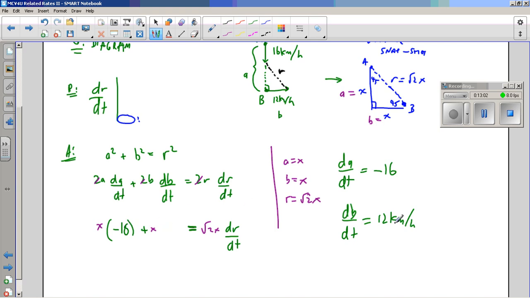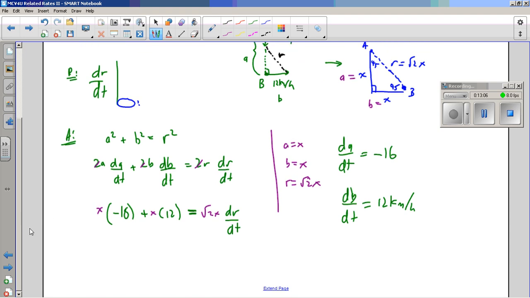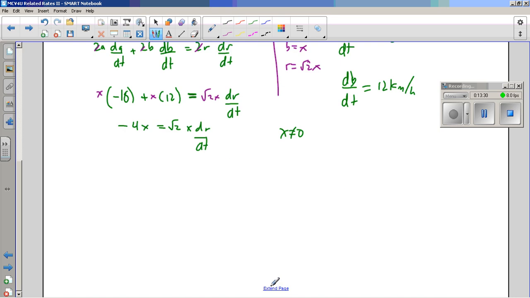I could collect those like terms now. Negative 16x and 12x is negative 4x. And well, what's going on with the x? As long as x isn't 0, and x isn't 0 because, well, I guess we could have started with the ships right on top of each other, but that seems a little bit strange to think about. As long as x isn't 0, we can bing those away as well.